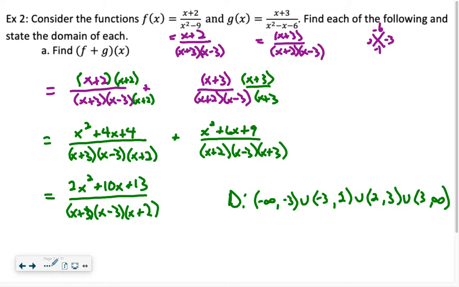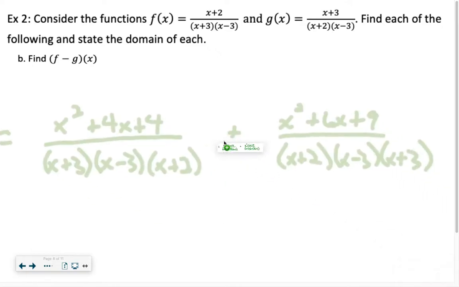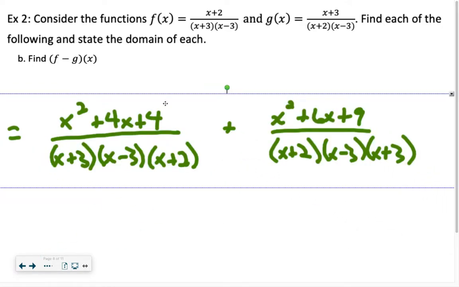So we can pick it up right here at this step. You take this step here and put that into the next problem.